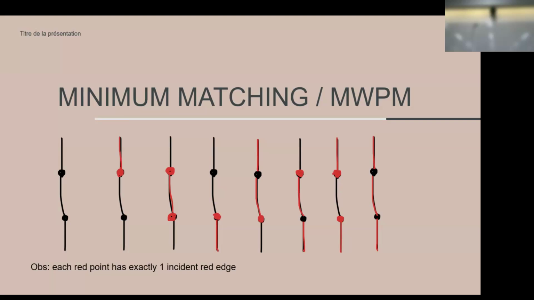And so this way, given the red dots, we can predict where the red edges will be. Can someone tell me what that means in terms of errors and meters? Yeah, so given the meters, you can tell where the errors are, which qubits failed.